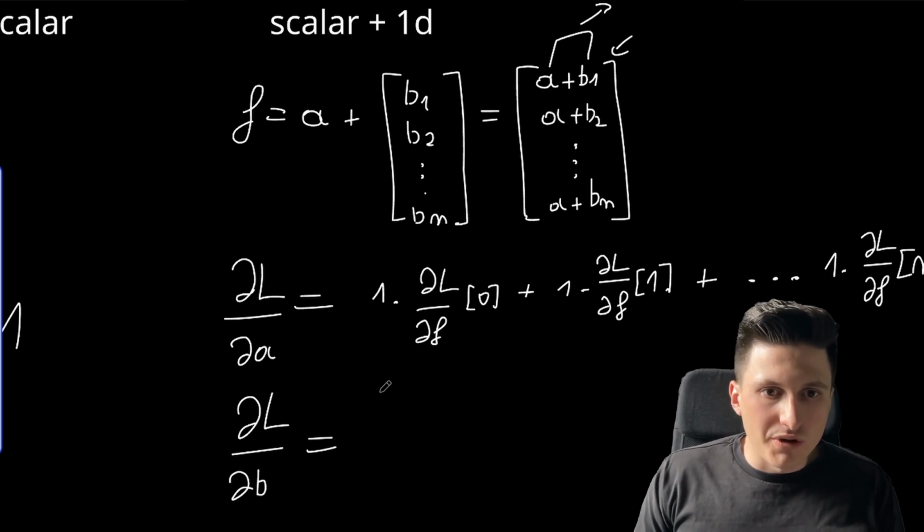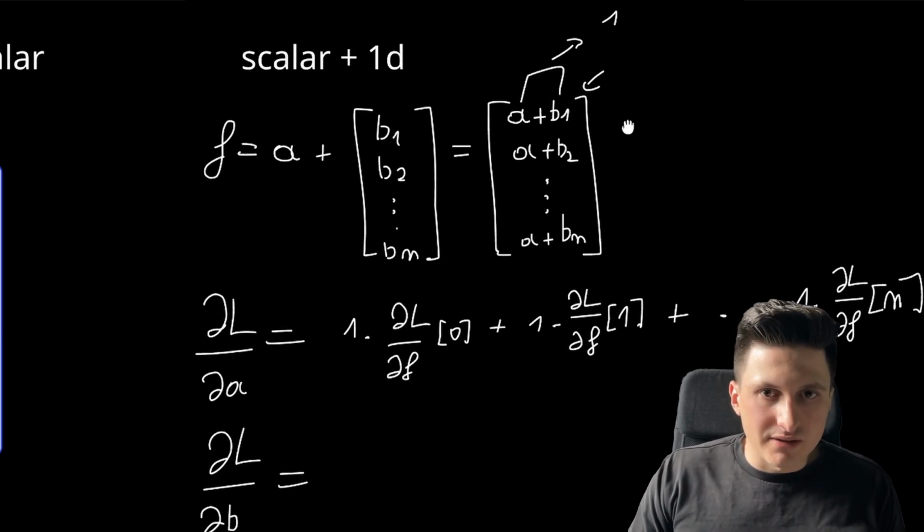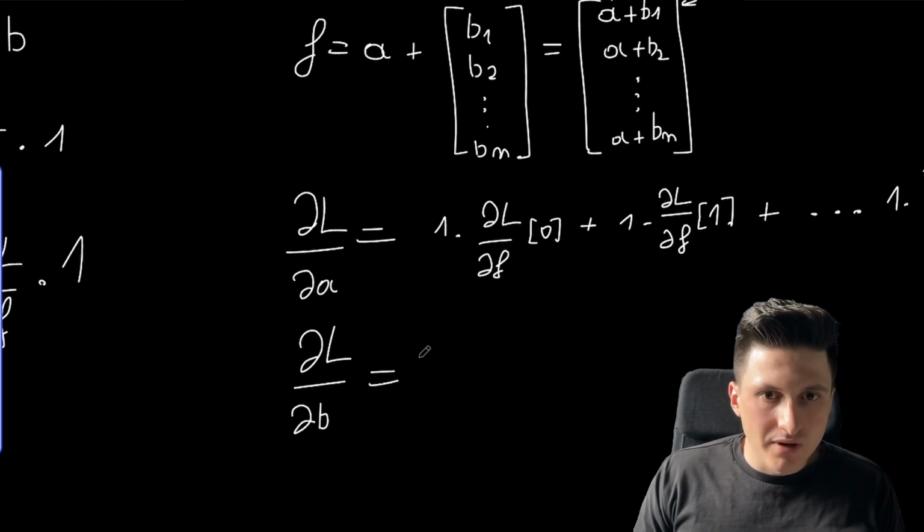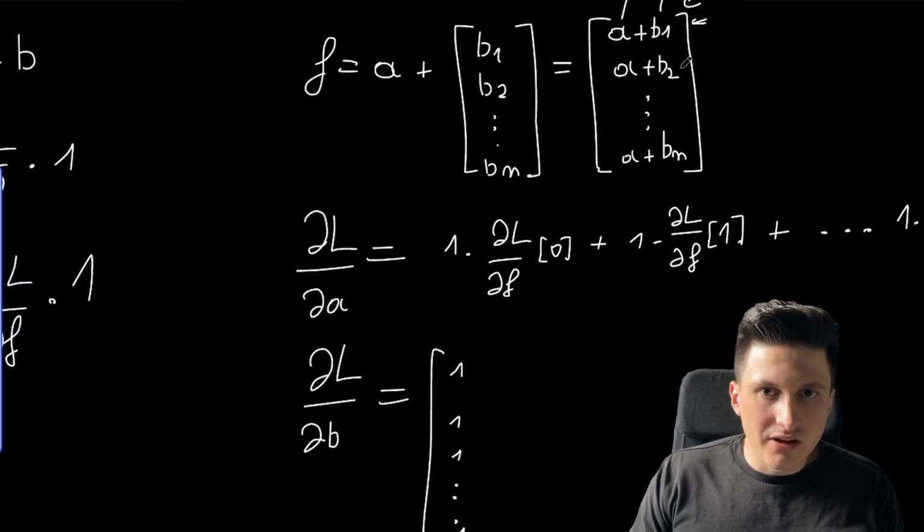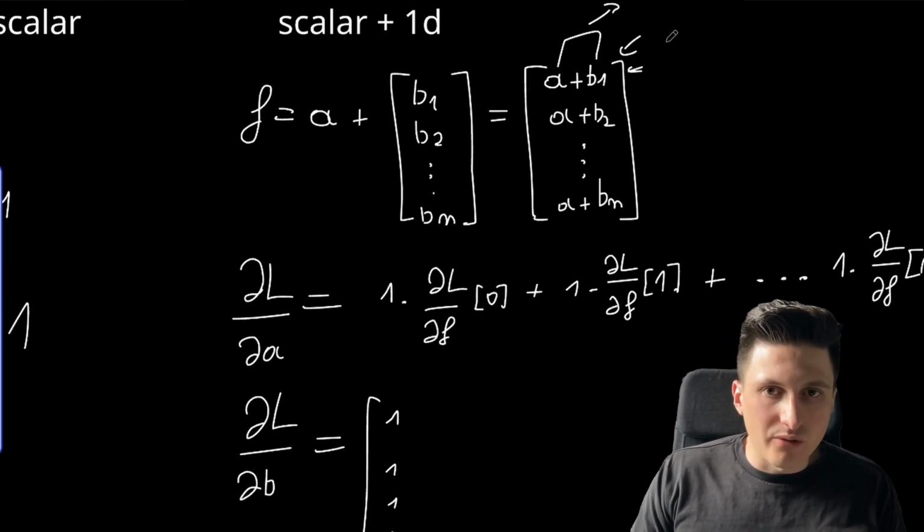So what we just need to do is derive this with respect to B, which will once again first be a tensor of ones, and then just multiply it with the gradient at the corresponding position of the loss with respect to f.